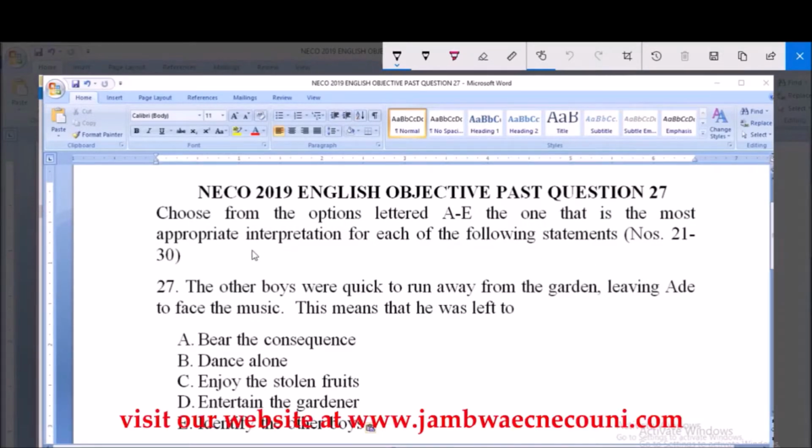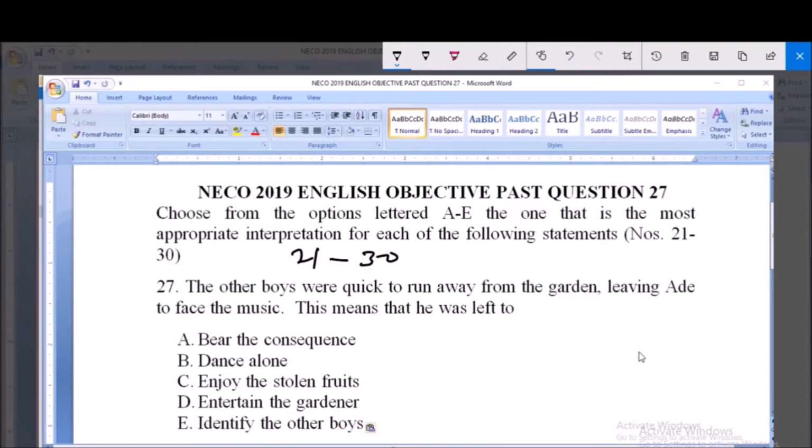We are using this instruction to answer question number 21 to 30, and it is from a topic called idioms. The statement says the other boys were quick to run away from the garden, leaving Ade to face the music.